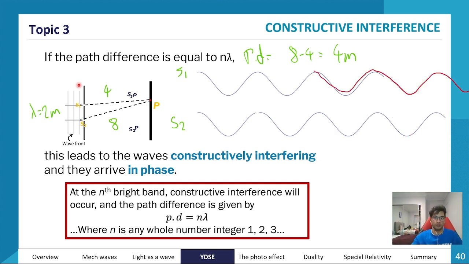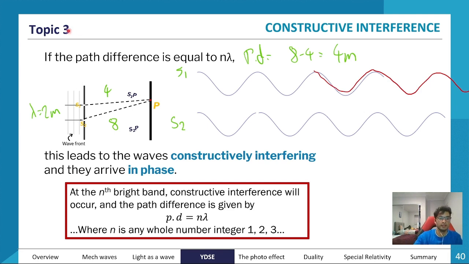They're going to constructively interfere because even though the second wave has to travel 4 meters longer, the 2 waves are still in phase. They're still in sync. And because they're still in sync, they will still constructively interfere, and we're going to get a bright spot. Hopefully that makes sense.